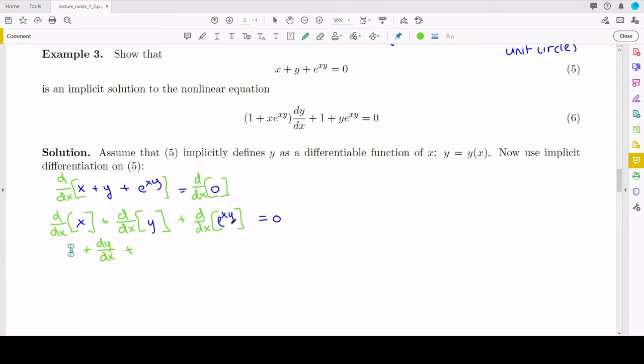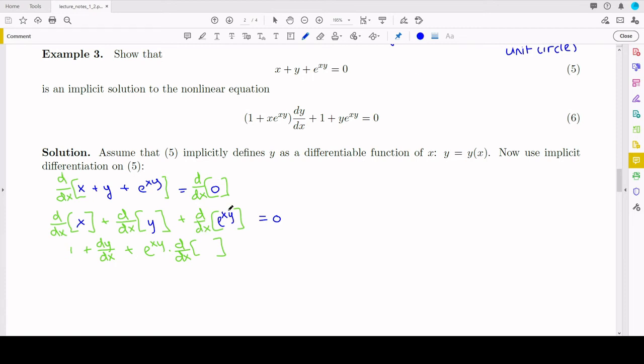The derivative of an exponential function is the exponential function itself, but the chain rule tells us that we have to take the derivative of what's inside of the exponential function.